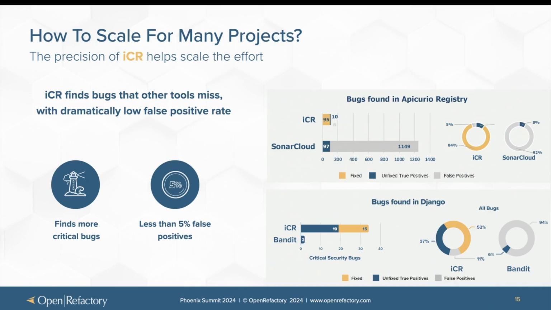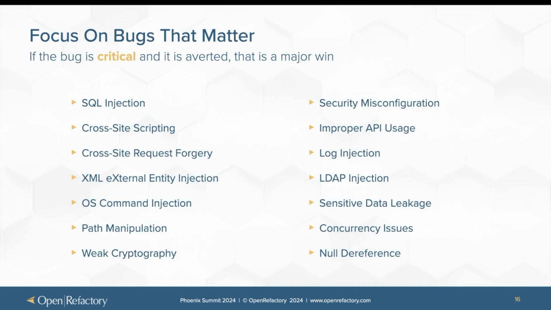In this case too, for about 52% of the cases, ICR was also able to synthesize a fix. Also, when we are reporting the bugs, we are focusing on the bugs that matter. So we identified the CWEs, or common weakness enumerations, that resemble the top 10 OWASP security vulnerabilities and only concentrate on those.